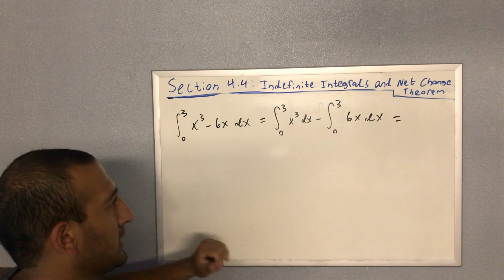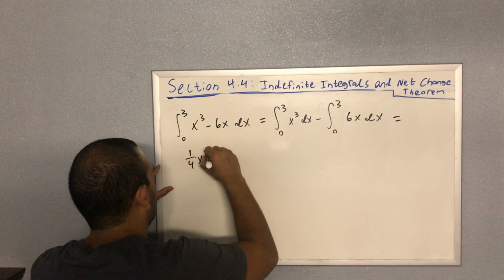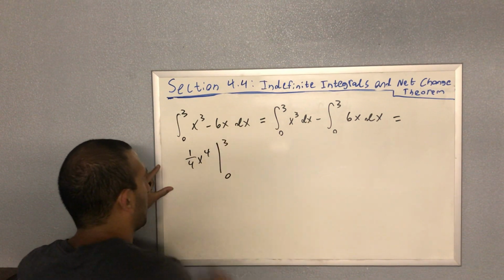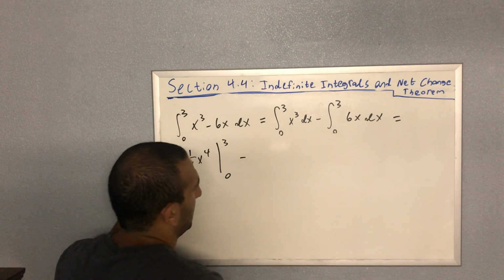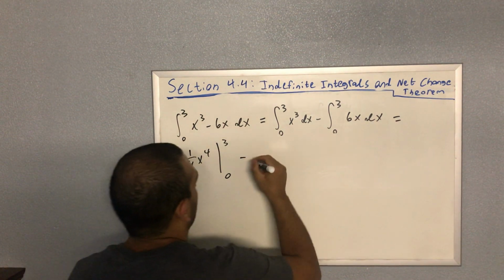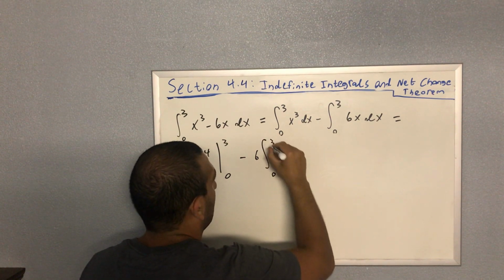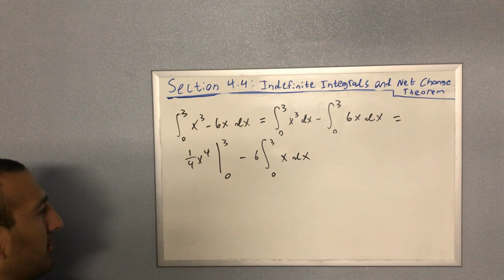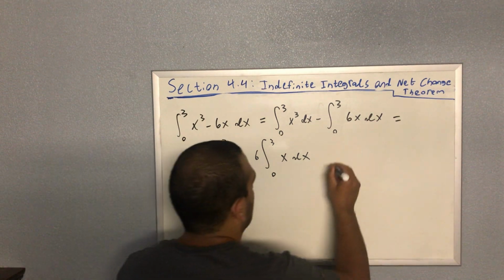Power rule, right? You just use the power rule. So this will be 1/4 x to the 4th. And remember this notation, evaluated from 0 to 3. Minus, and then, you might have caught on to this already, but I'm just going to write it out in gory detail. Right here. And then, what does this give us?